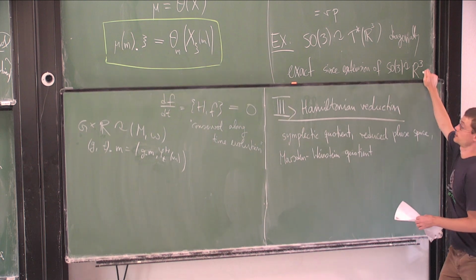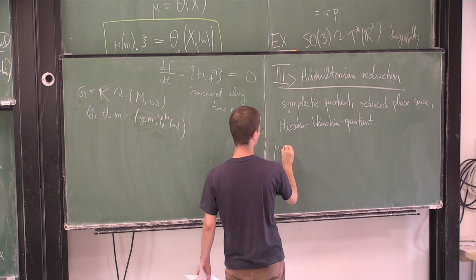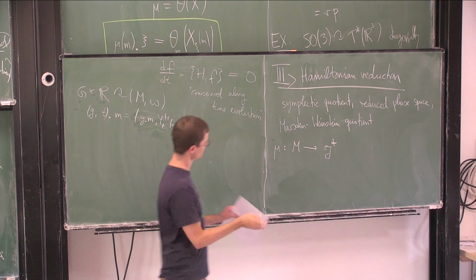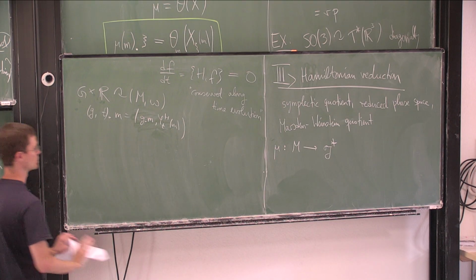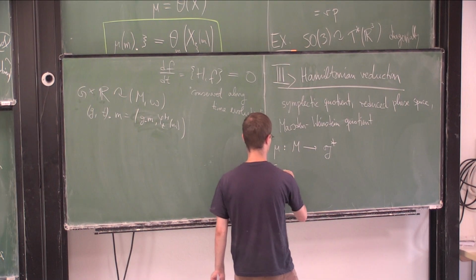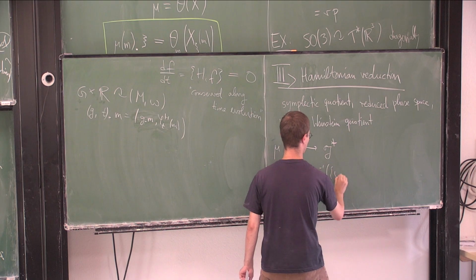Okay, so what's the construction? Once we have this moment map mu from M to g star, the idea is to fix the values of all these quantities. In the first instance, let's fix 0. We consider mu inverse of 0.